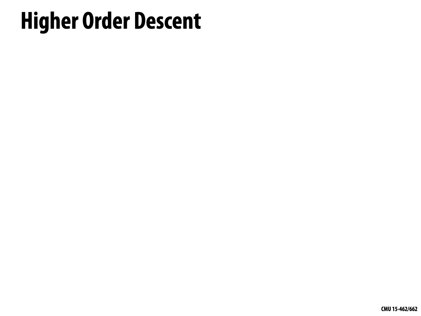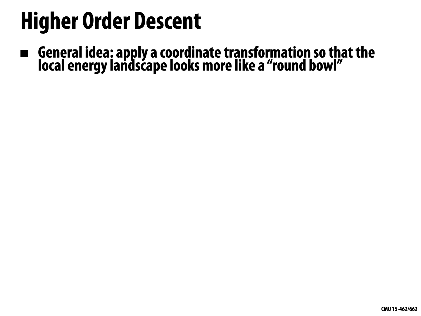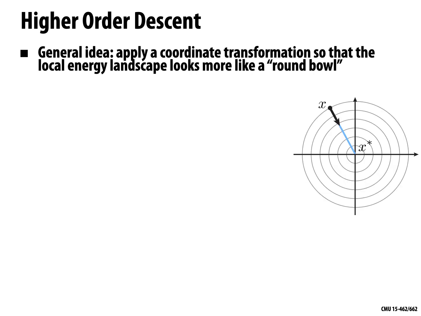And the general idea, what we want to achieve intuitively, is to apply a transformation to our function, or really to apply a transformation to the domain over which the function is defined, so that the local energy landscape doesn't look like this long, skinny valley, but instead looks like a nice round bowl. Right? Because we know if we were optimizing a function like this that looks nice and round, then actually the gradient direction is a good direction. It points right toward the minimum.